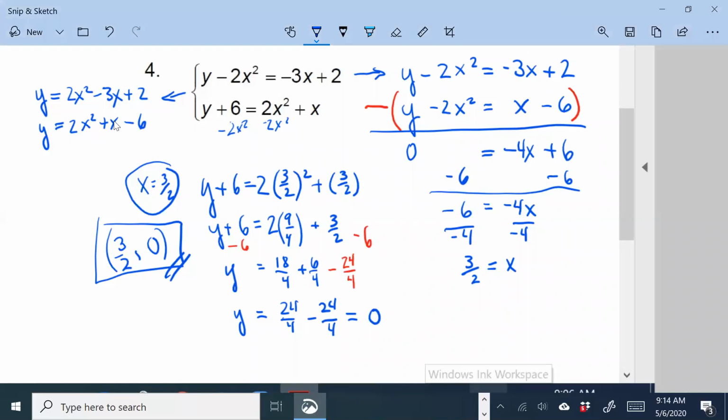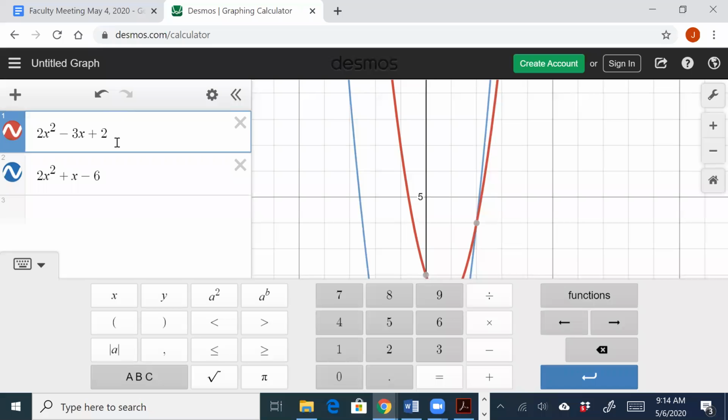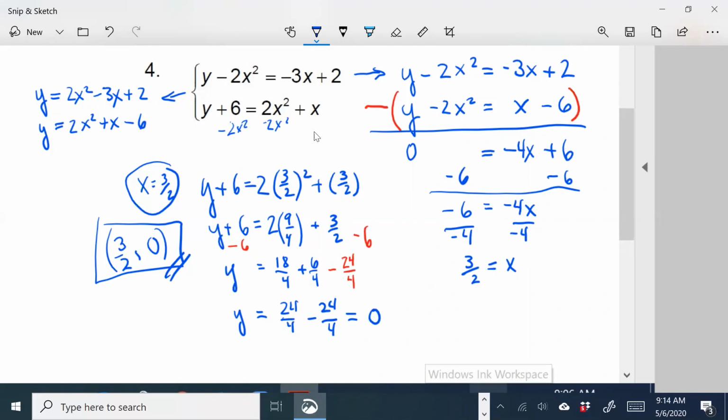And 2x squared plus x minus 6. All right. Okay, I see what I did here.